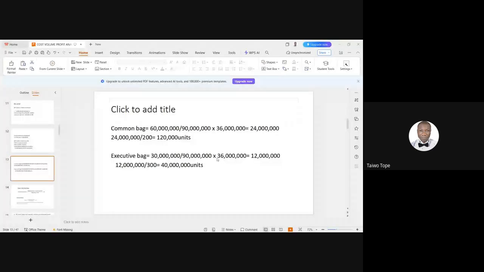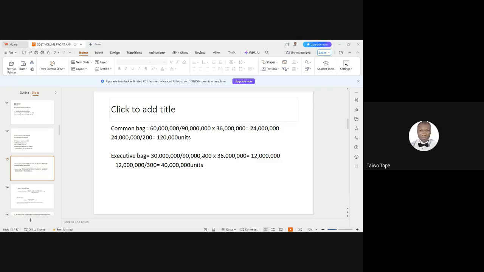But overall, the break-even point in total will give you 120 plus 40, which is 160,000.